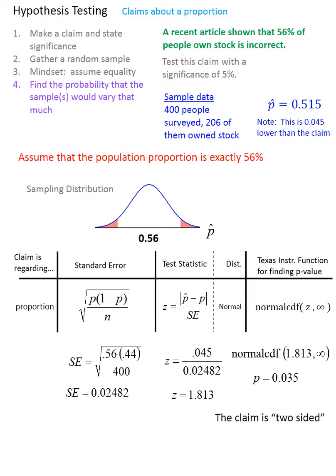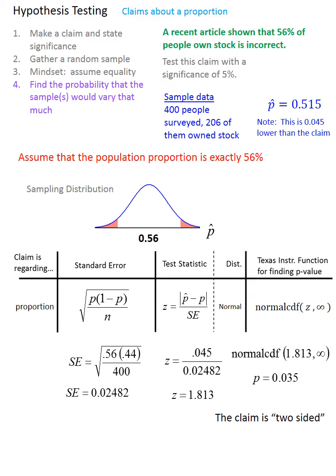In other words, we're claiming that something isn't 56%. But we're not saying it's higher or lower. So if I were to get evidence either way, either above or below 56% by a statistically significant amount, that would essentially lend evidence to my claim.